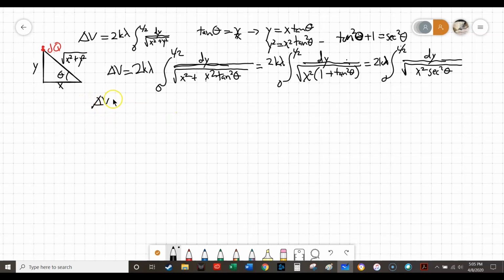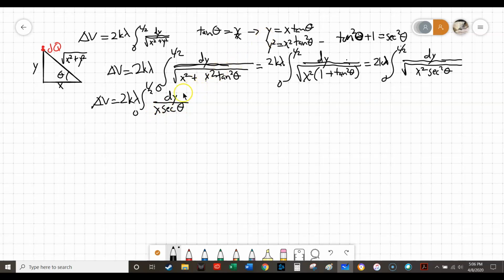Delta V equals 2k lambda from 0 to L over 2, dy, and x squared secant squared theta inside this square root is just going to be x secant of theta. Okay?